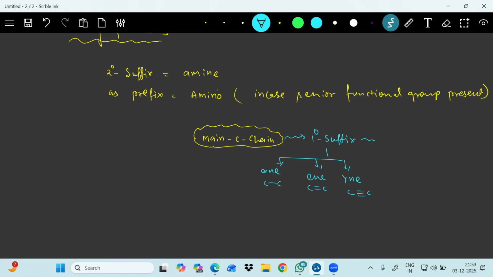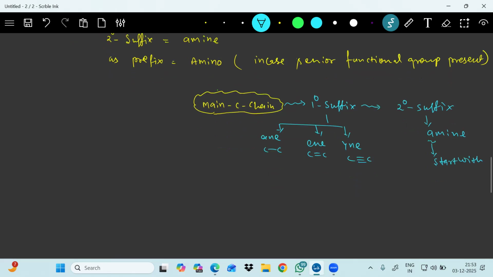Now, we will add the secondary suffix to the primary suffix. The secondary suffix in the case of amine is AMINE, which starts with a vowel.